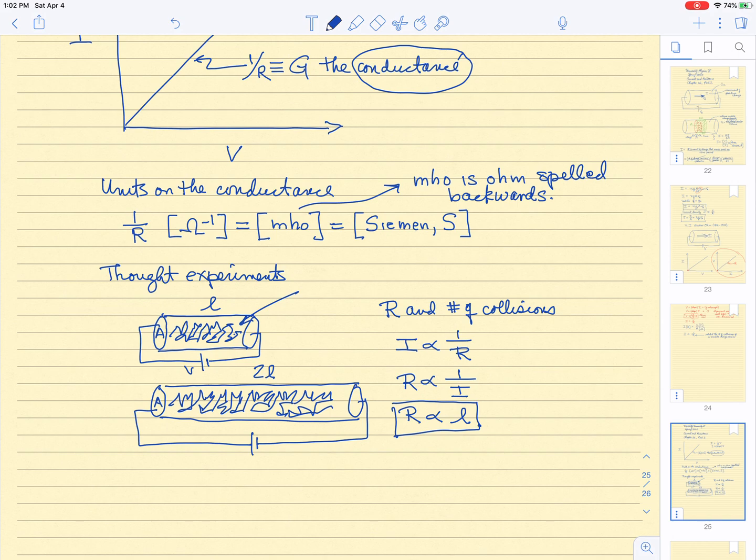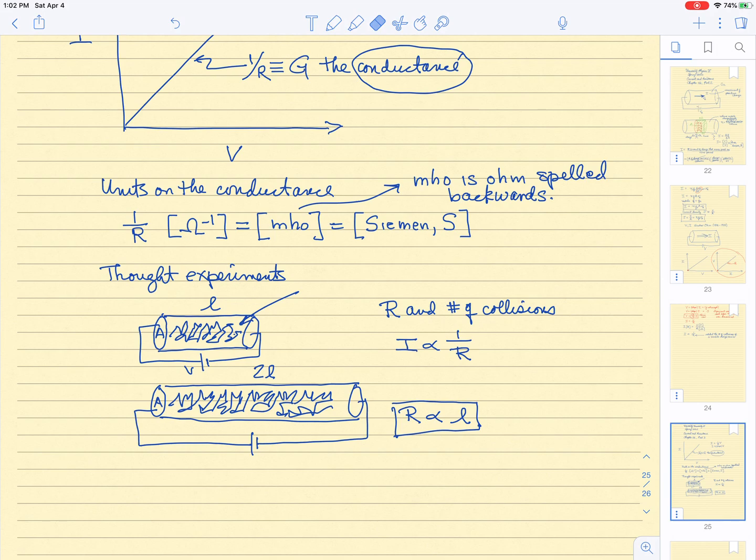And so the resistance is going to be proportional to the length. And again, we really don't even need this relationship in this analysis, so we could just get rid of that.